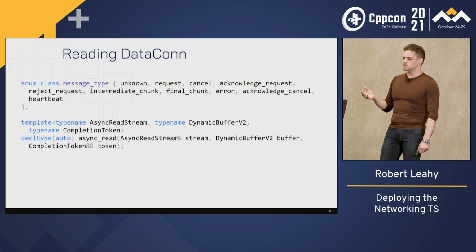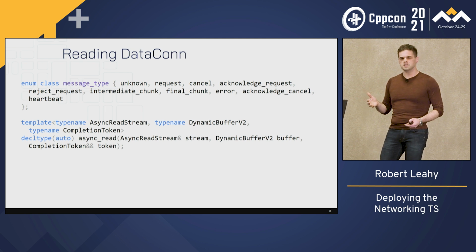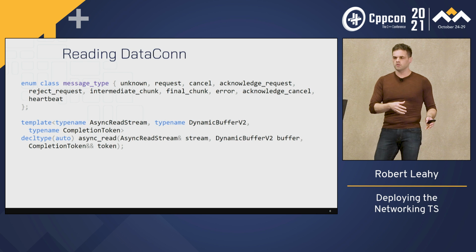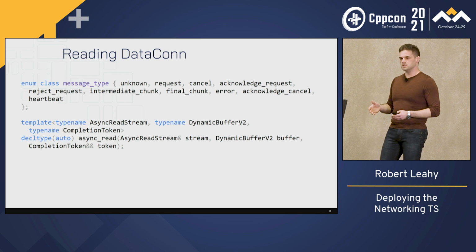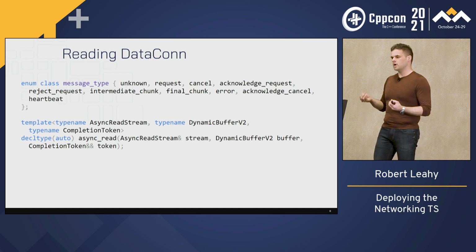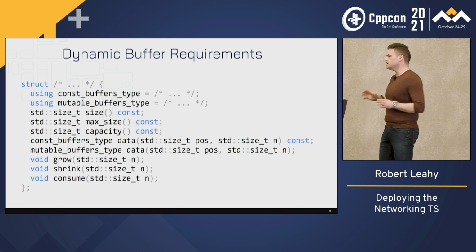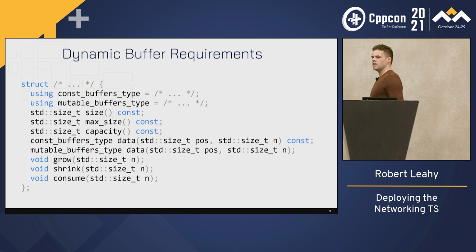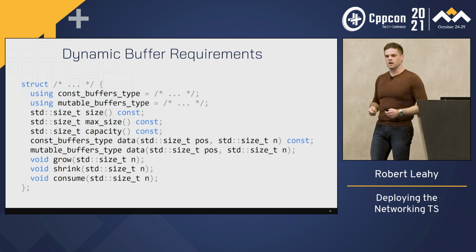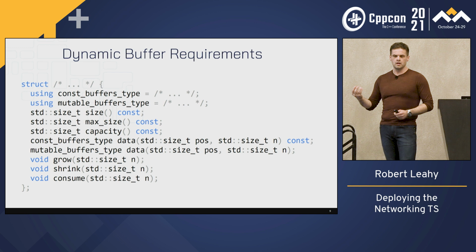But in previous years, when I've given talks about the networking TS, I've talked about const buffer sequences and mutable buffer sequences, but never dynamic buffers. So what is this named type requirement? What is this parameter, and what does it represent? Well, unlike in previous years, we don't know exactly how many bytes we want to read before we start out. We need to read the header to figure out exactly how many bytes to read.